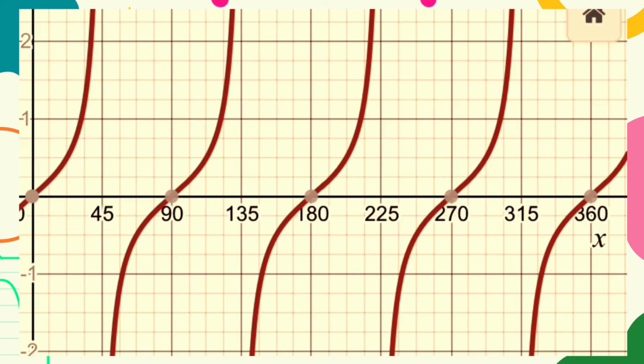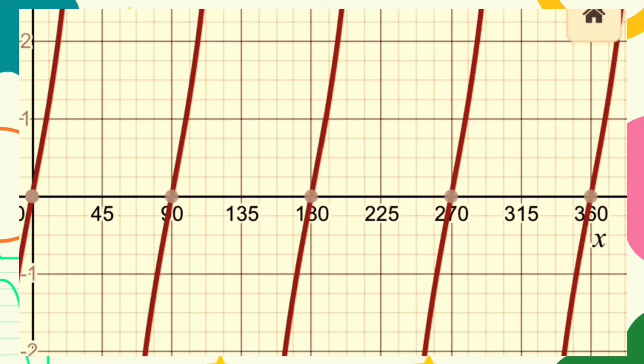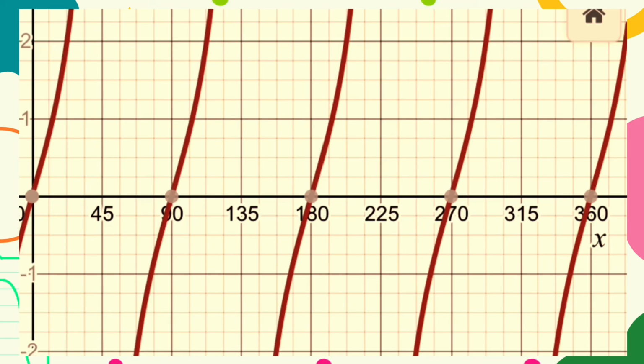We don't have amplitude for tangent because there is no maximum and no minimum. Even if I give you 3, or I give you 2, you still cannot find the maximum or minimum value for the tangent graph, right?